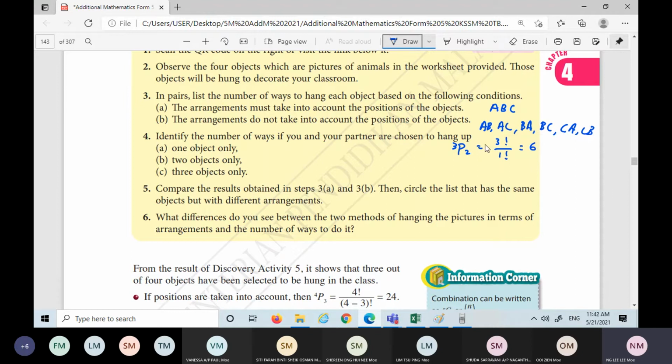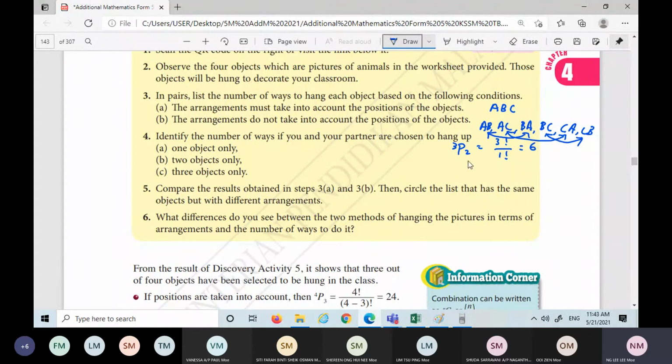Now the arrangement is not important. Therefore, this and this are the same, so this is only considered as 1. This and this are the same, so this is again considered as 1. And this and this are the same, so this is considered as 1. So you can see every 2 is considered as 1.